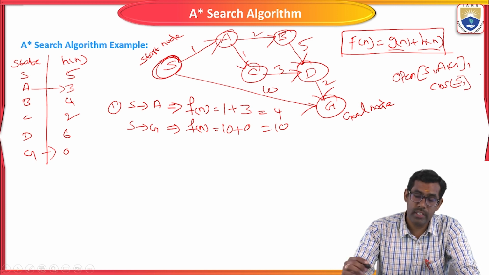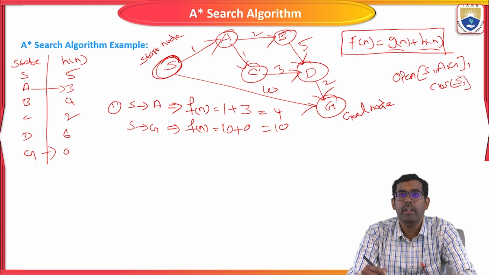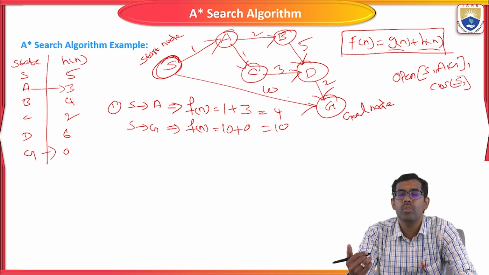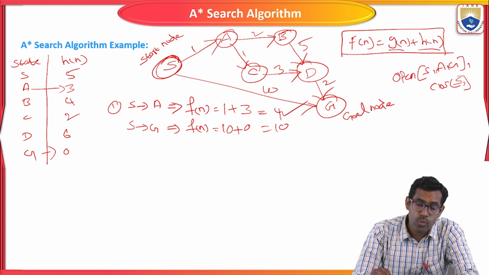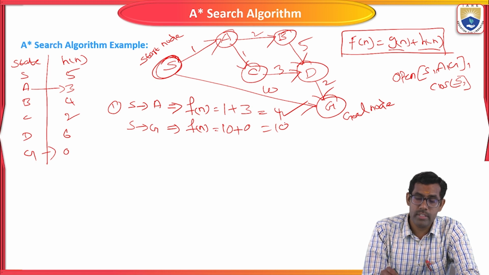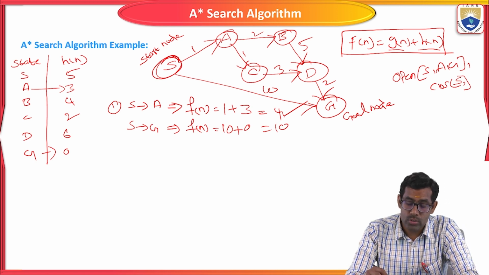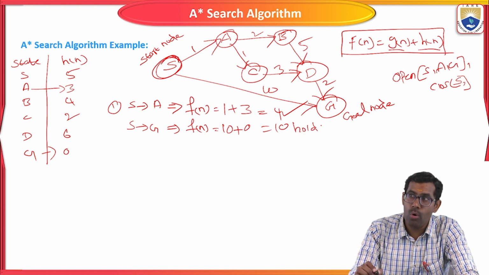Next we compare both the function values and consider the minimum value. The minimum value is 4, which means A. So A is the minimum value, and this one we are going to hold.